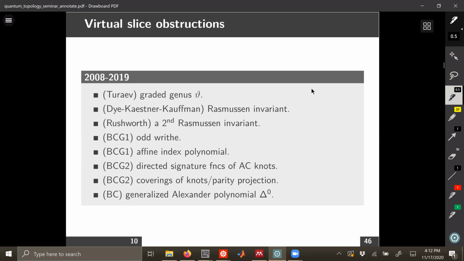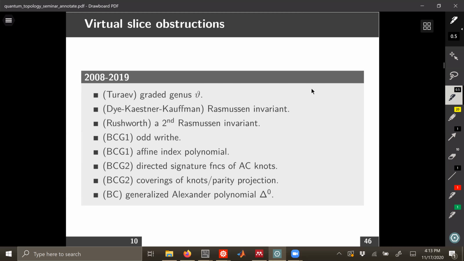It's an absolutely excellent slice obstruction, and it also gives very good bounds on the slice genus. A little bit later, Dye, Kaestner, and Kauffman extended the Rasmussen invariant to virtual links. And there's a second Rasmussen invariant due a bit later to Will Rushworth.